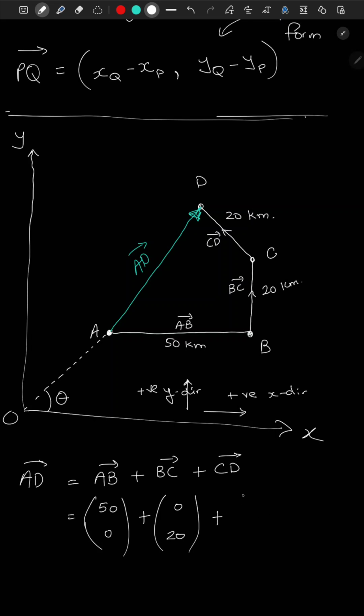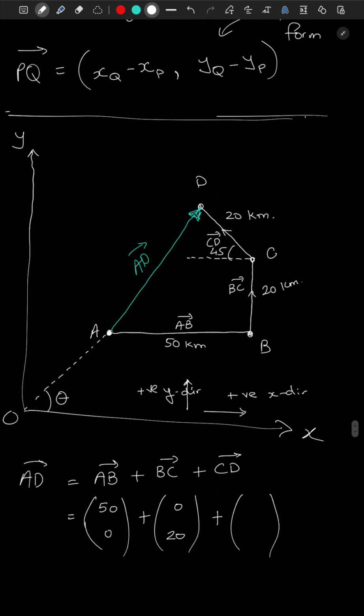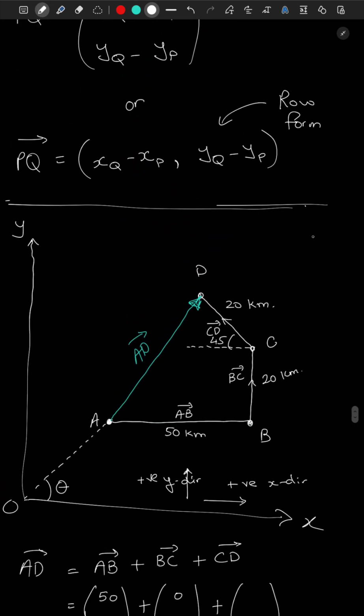And plus CD. Now CD, let's suppose CD is at an angle here. Let's suppose this angle is 45 degrees. Now we have to break this into two component vectors.